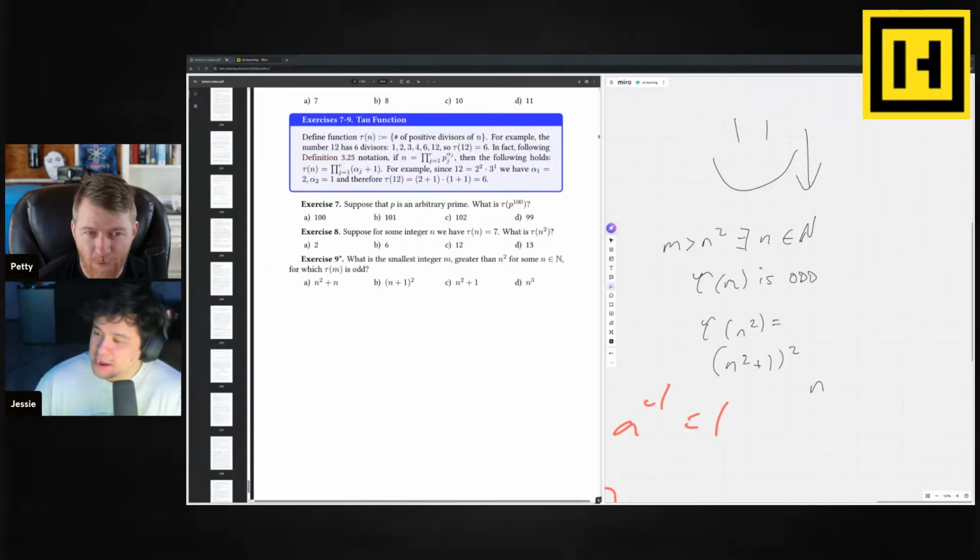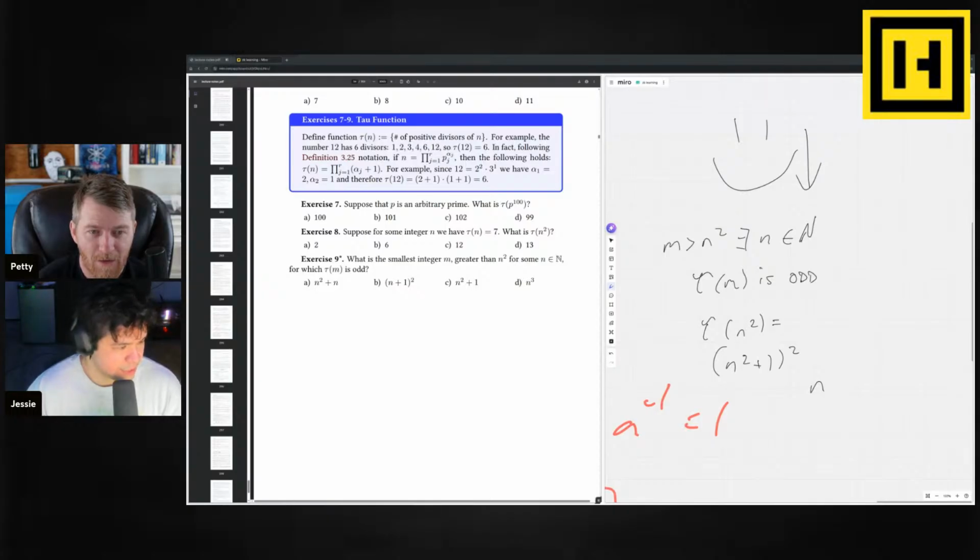The tau of m is odd if and only if m is a perfect square. Because what does that mean? It's a square by itself, like x times x, like 3 squared or n squared is a perfect square. And this is because divisors come in pairs, except for when the pair is itself.